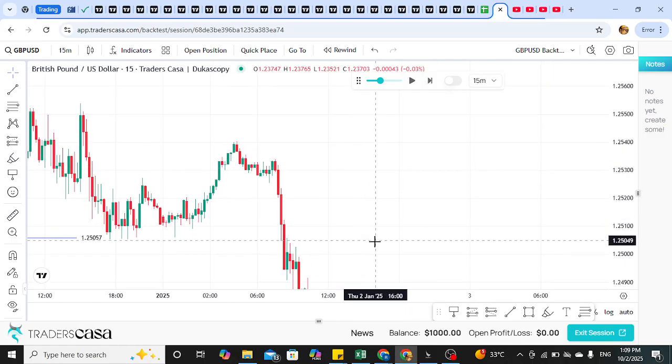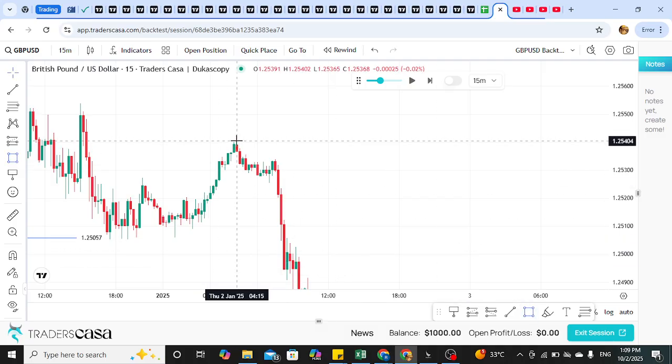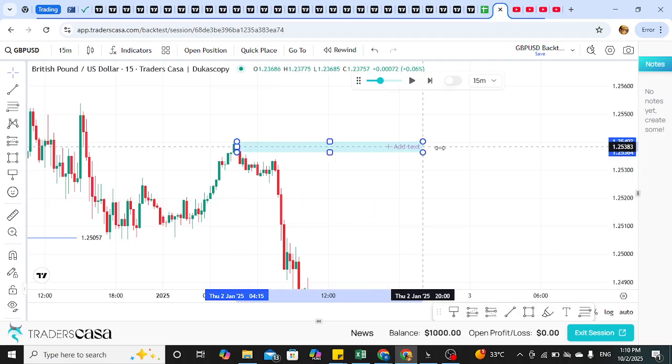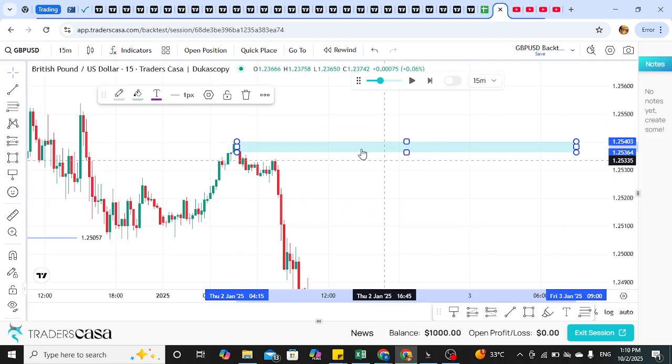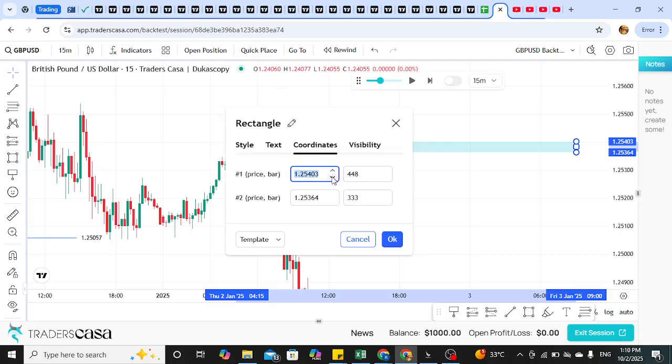So this is the order block, from the high 25.42 to the bottom, which is 25.36.5. This is an order block, and this is the color that I give the order block.